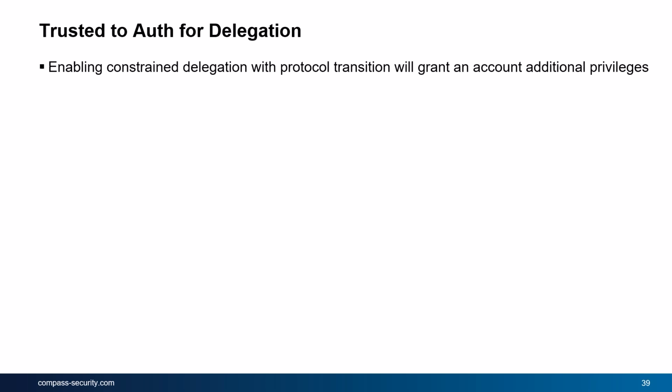This specific permission that a service with the protocol transition mode has is called TrustedToAuthForDelegation. So this is the additional privilege assigned to an account when it is enabled for protocol transition.